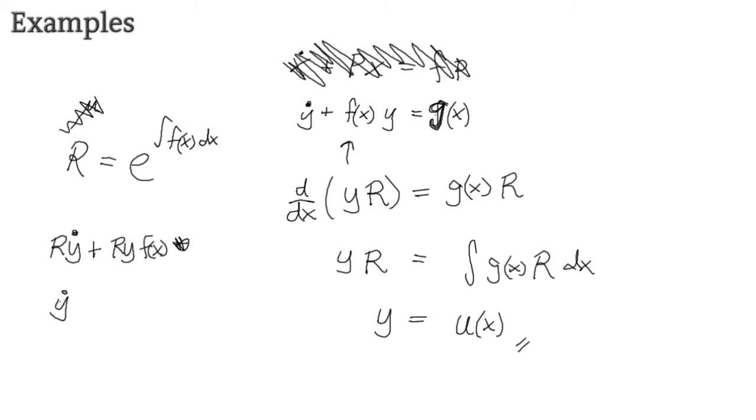So y dot times r add y times r dot, and r dot in this case would be f of x e to the f of x.